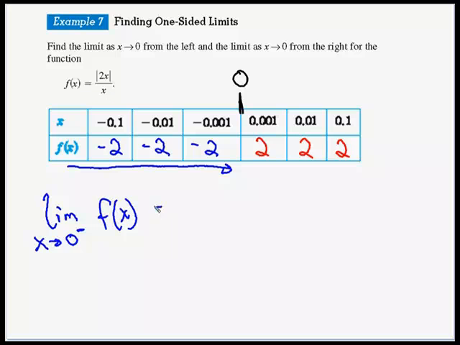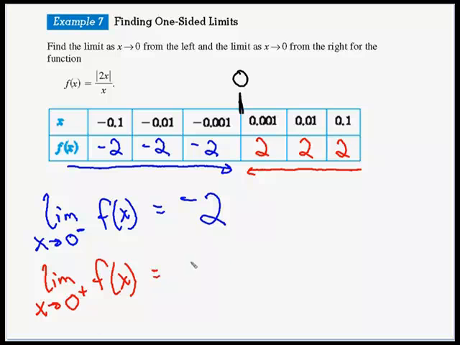That limit is equal to negative 2. And then here for numbers above our 0, we would write the limit as x approaches 0 from the plus side of the function f of x is equal to positive 2.